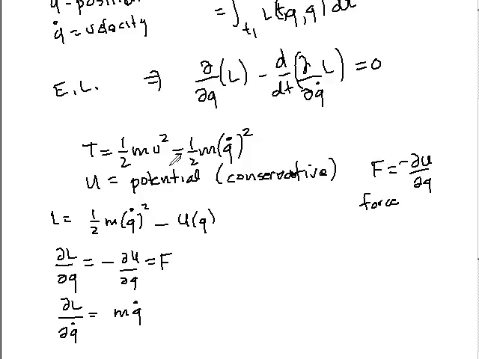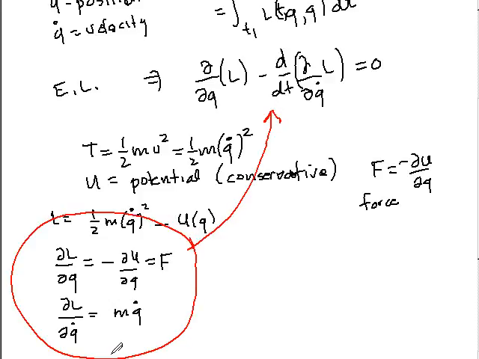So if I put these two together into the Euler-Lagrange equations, in other words, put this into here, I'm going to just get Newton's laws of motion. I'm going to get the derivative of L with respect to q, which is F, minus the derivative of dL/dq dot, which is m q dot, equals 0.